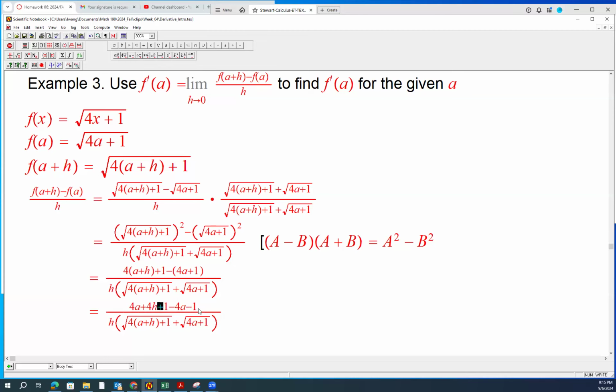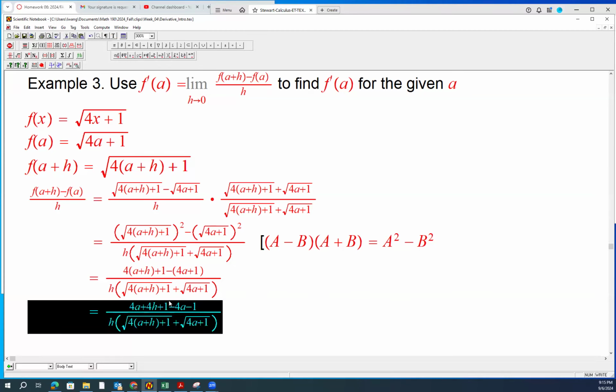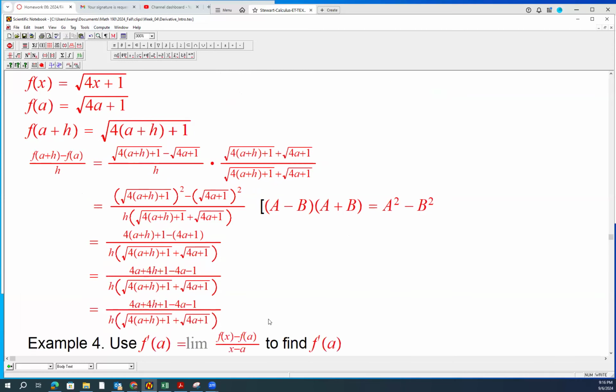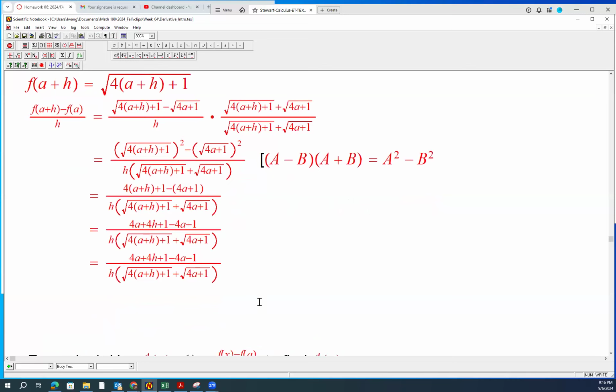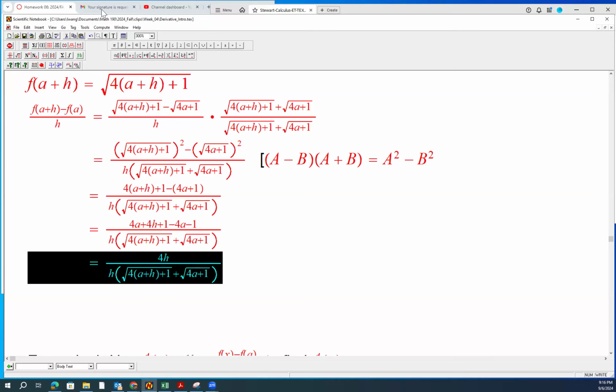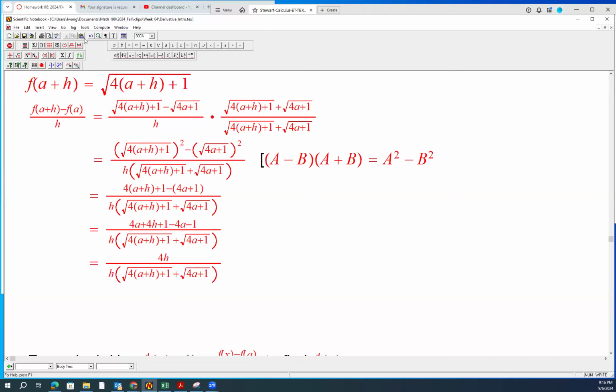Positive 1, negative 1 makes 0. So our next step, we only have 4 times h. Okay, so 4a takes away the negative 4a, negative 1 plus 1. And h and h will reduce.